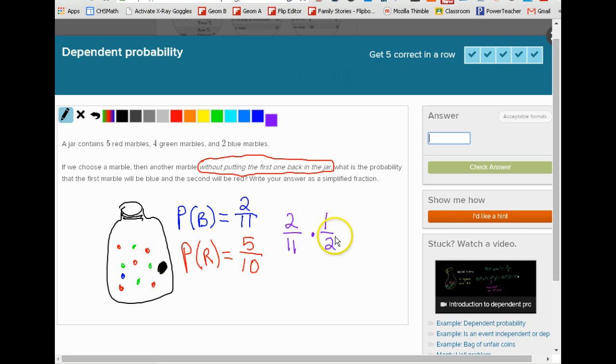And when we're multiplying and there's a common factor top and bottom in our fractions, we can cancel those out. So my answer is going to be 1 over 11. Where did that come from? Well, I figured out 2 out of 11, and then 5 out of the remaining 10, which I reduced to 1 out of 2, and then we just multiply across. So that's how that one is done.